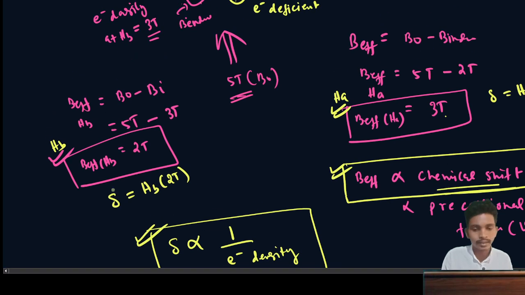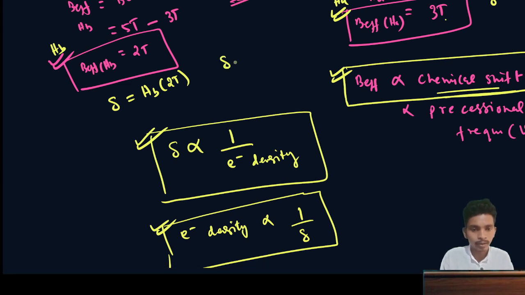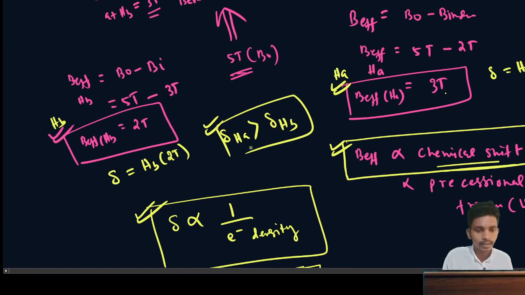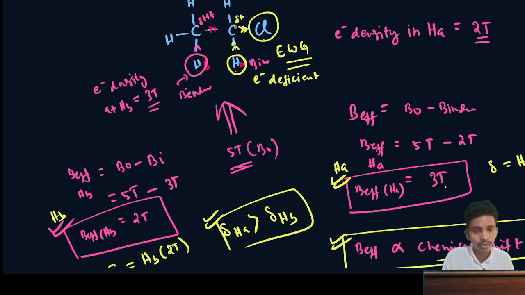It means the chemical shift of HA is greater than the chemical shift of HB. Okay, so in this case, wherever an electron withdrawing group is attached, the chemical shift is increasing. Here the electron withdrawing group is attached near HA, so HA has the high chemical shift.